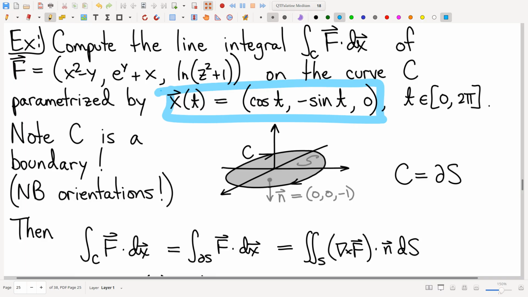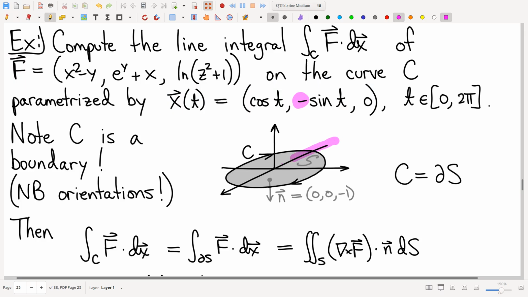I like this other point of view, which is that this is a reflection over the x-axis of what I'll call the usual cosine t, sine t, unit circle in the xy plane.